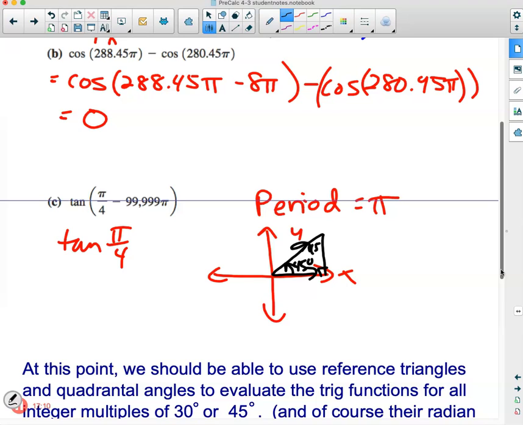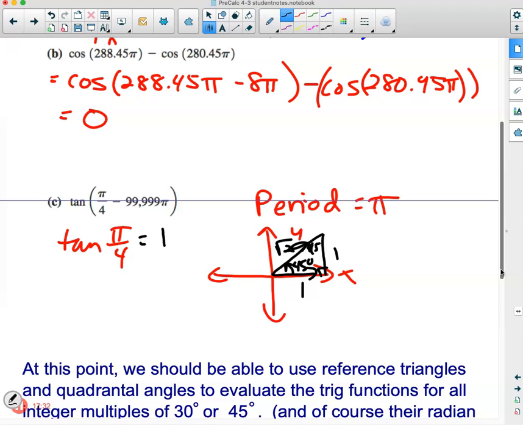So that's my 45, 45, 90. And 45, 45, 90, these are easy to name, for it's 1, 1, square root of 2 in a triangle game. Well, tangent is opposite over adjacent. That's 1 over 1. It looked really fancy, but the answer's 1.